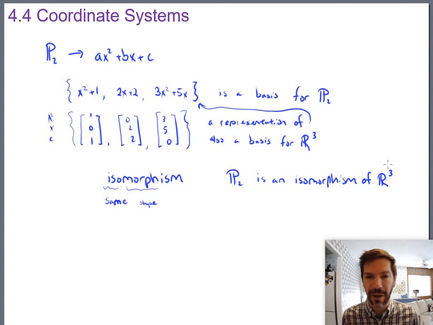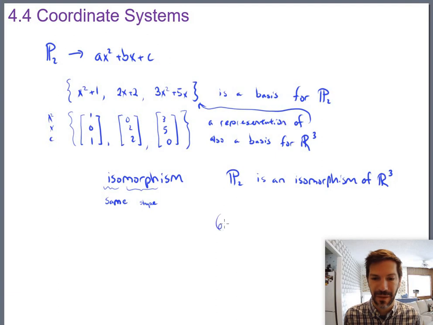They both have vectors with 3 components. And anything in P2, if you write down 6x squared plus 5x plus 4, there's an equivalent vector in R3 that matches that, right? Obviously 6, 5, 4.